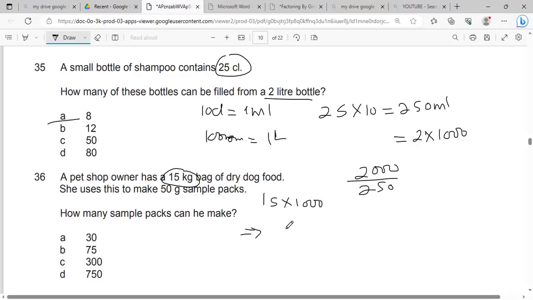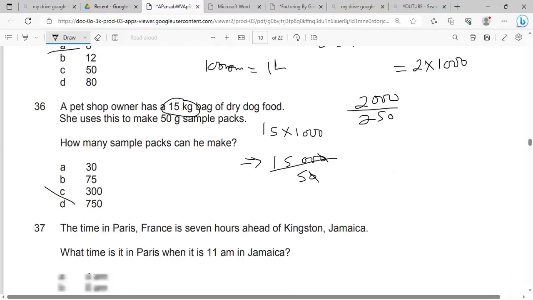So we have 15,000 divided by 50. So this gone, this gone. 5 into what? This is 1,500. 5 into this goes 3 times, so it's going to be 300. All right, so that's 300 times.